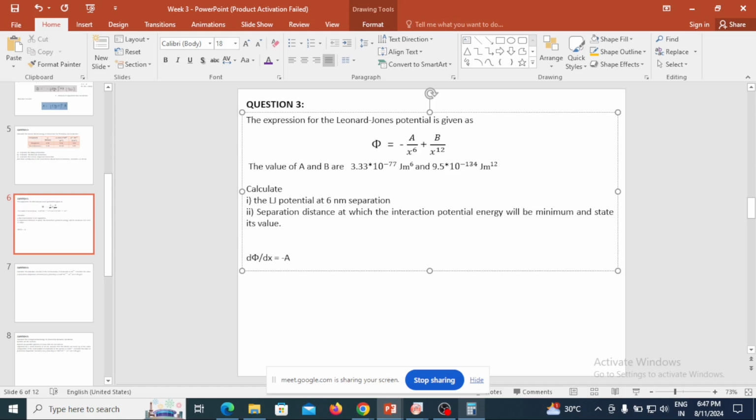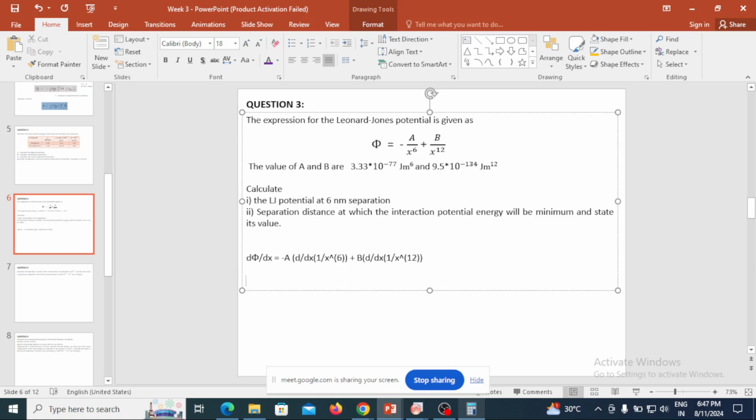let me just write, d by dx of 1 by x power 6, plus b d by dx of 1 by x raised to the power 12, right?